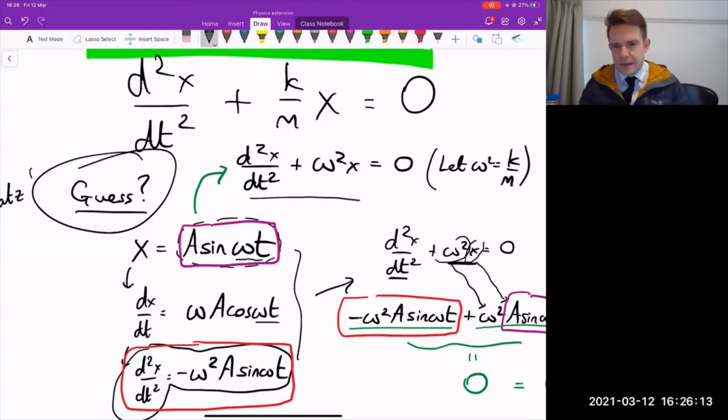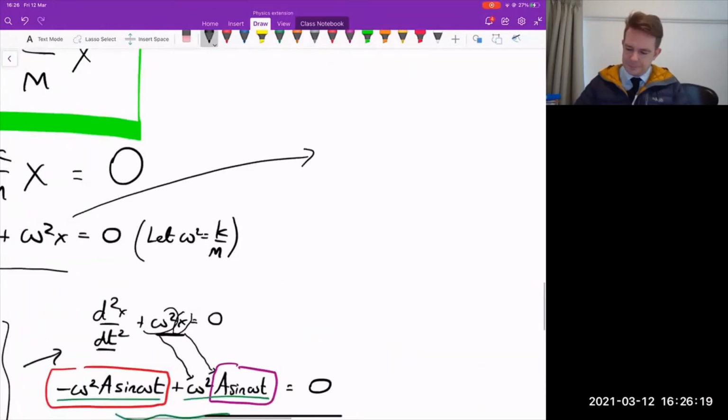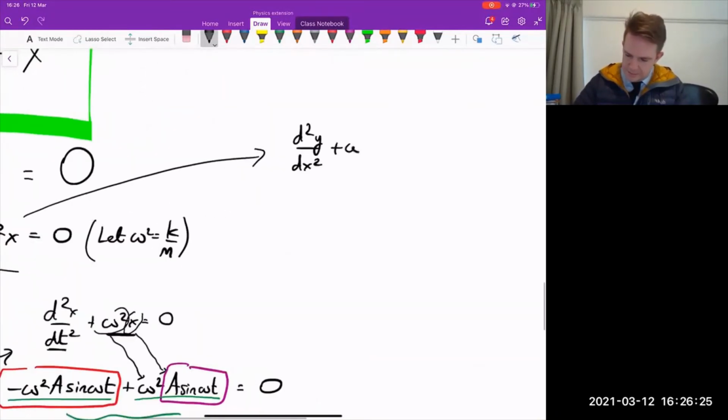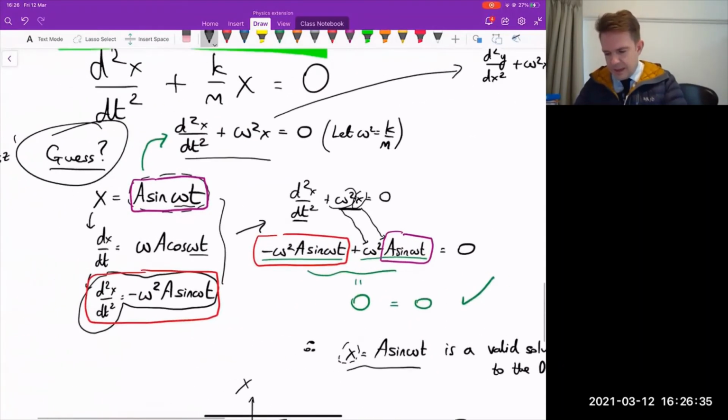You might be wondering, how would you solve that if I didn't know what the solution was? So if I had the same equation, how do you solve this? Now, what I just did, this stuff down here, that's second year A-level maths, right?